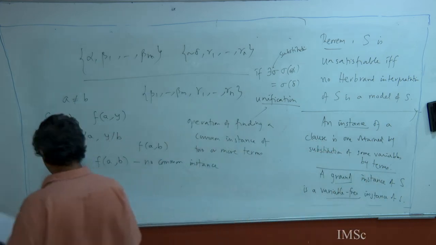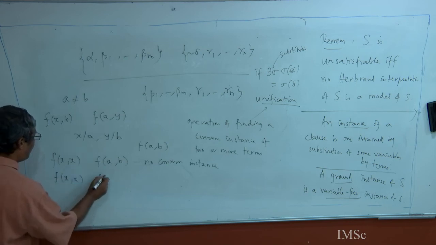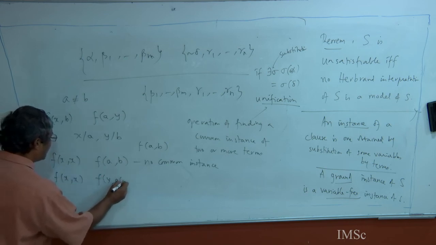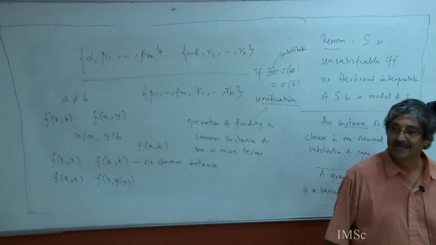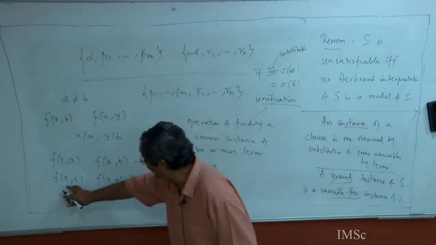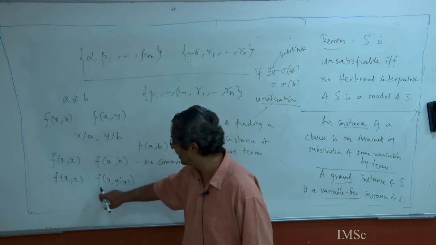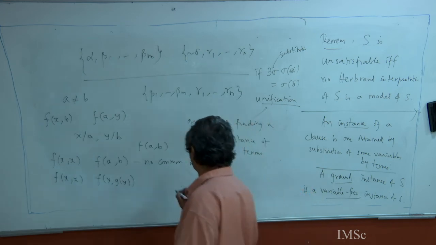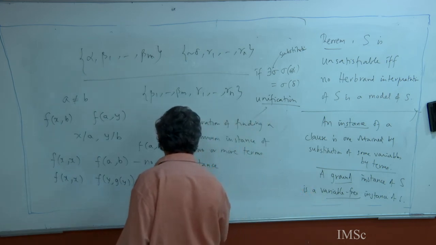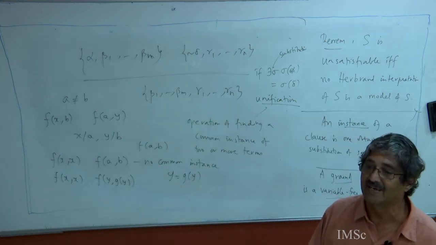Similarly, now let me write, suppose I have got f of x, x and f of y, g of y. What about this? Well, x has to be unified with y, I mean x has to be substituted by y, that's okay. But then x has to be substituted by g of y, that means y has to be equal to g of y, where y is a variable. Now what kind of a term can you have?